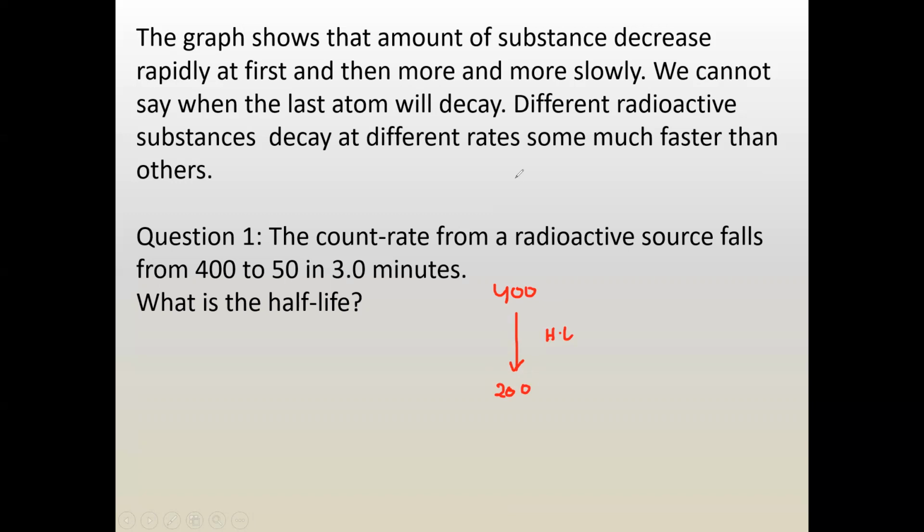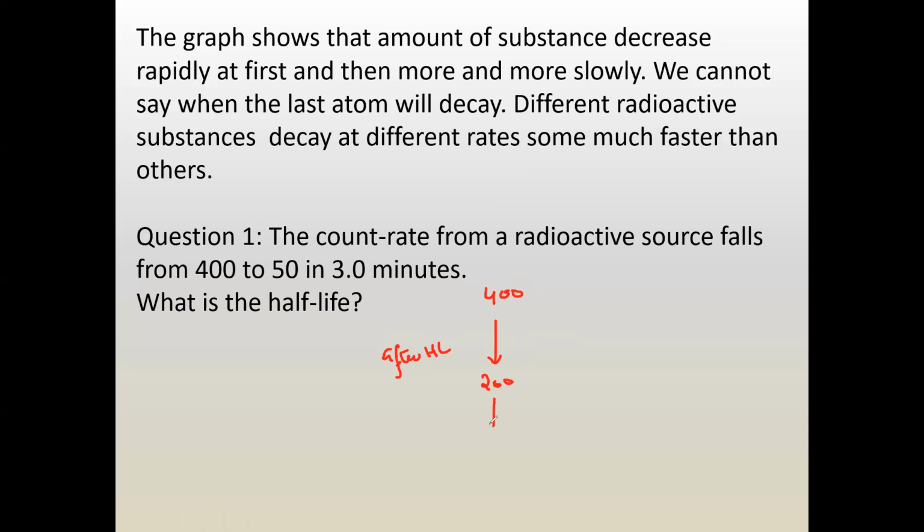Basically, as the radioactive sample starts to decay, the amount of radiation starts to decrease because it becomes stable. Half will be stable and half will be unstable after the half-life time. So if you have 400 radiations in the beginning, then after the time when it becomes half, which we call the half-life, 400 will become 200.